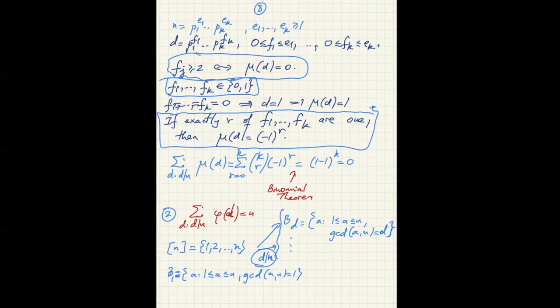So how many elements do you have in each? First of all, the set N of numbers from 1 to N is going to be a disjoint union of all these B_D, because for every natural number between 1 and N, the GCD between that number and N will be some natural number, and that natural number has to divide N. So that's the proof of this.